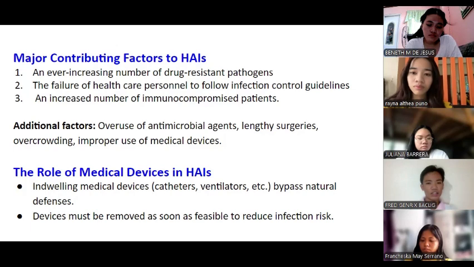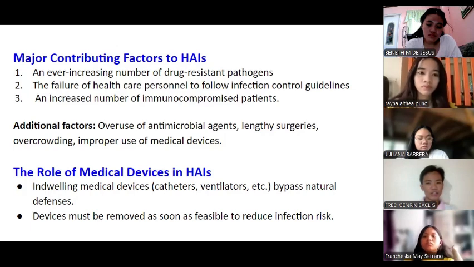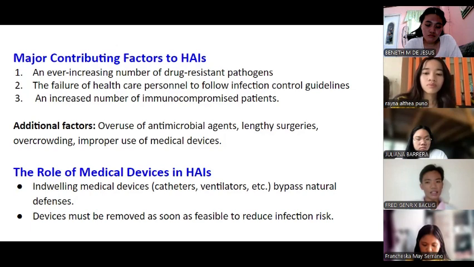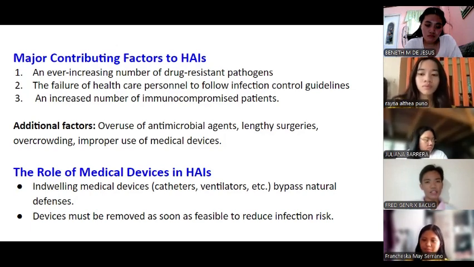Overcrowding, especially in public hospitals, reduces the ability to maintain proper hygiene and infection control, which makes it difficult to isolate infected patients and can lead to an increase of infectious diseases and healthcare-associated infections.